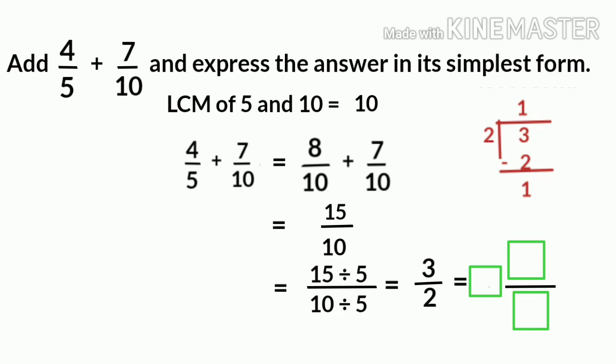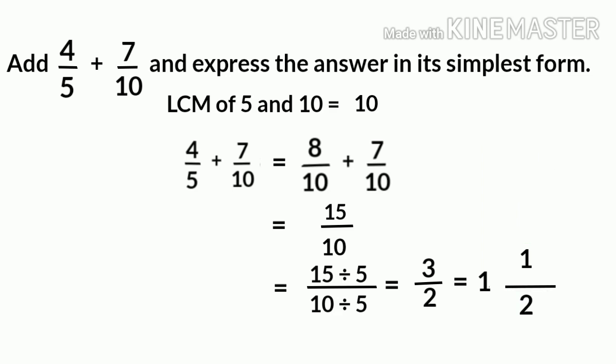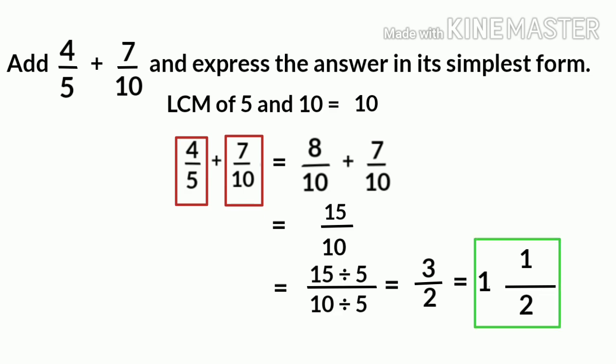When we write a mixed number, we write the quotient as the whole number, remainder as the numerator and the divisor as the denominator. Here, the quotient 1 will be the whole number and the remainder 1 will be the numerator and the divisor 2 will be the denominator. So, 4 by 5 plus 7 by 10 is equal to 1 and 1 by 2.